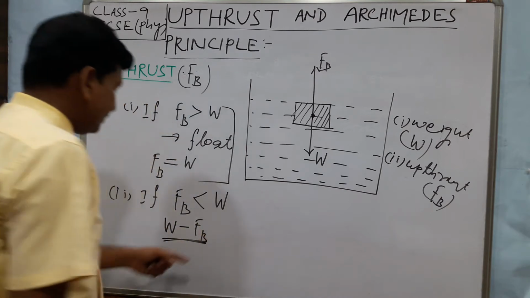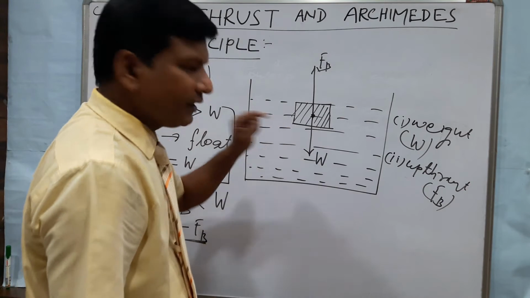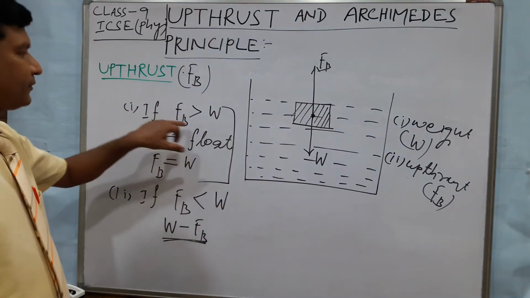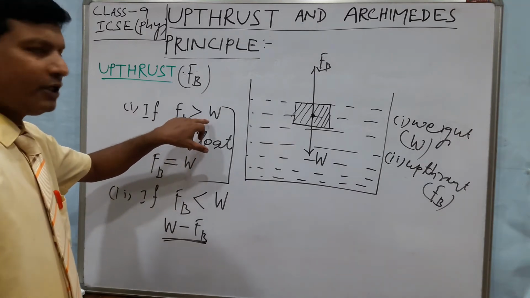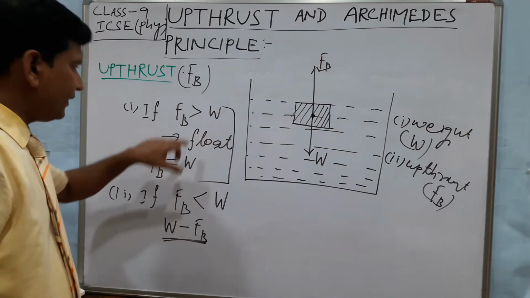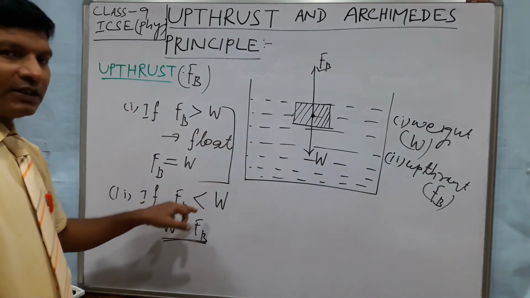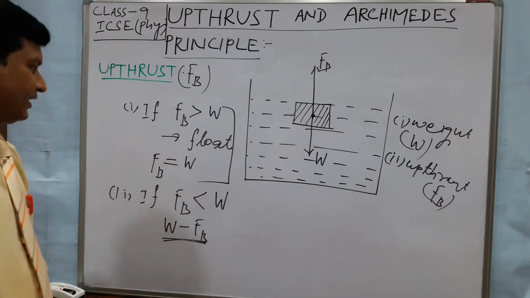And due to this greater net downward force, the body will sink. So remember, there are two conditions. When FB, the upthrust, is greater than or equal to W, the body will float. And when the upthrust is less than W, the body will sink.